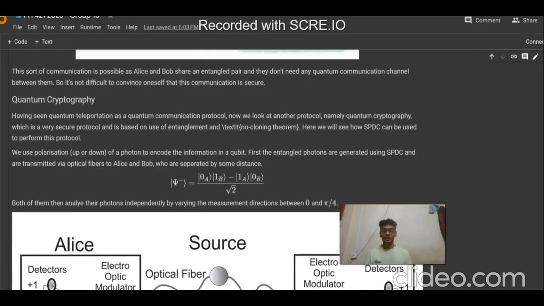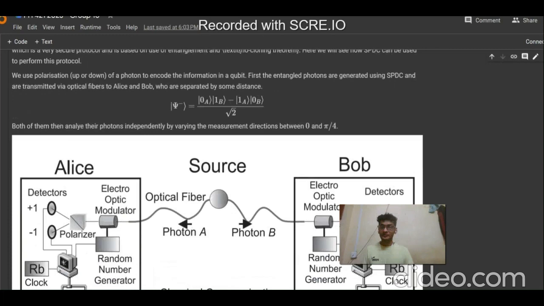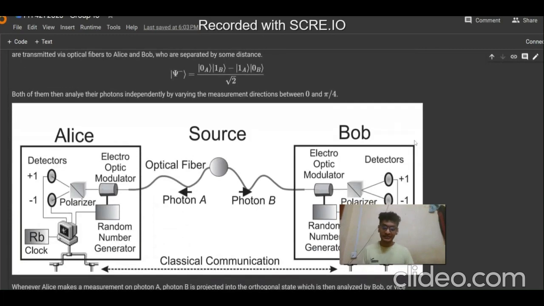Another example of SPDC in quantum technologies is quantum cryptography. Here again we use the entangled photons generated by SPDC, which is (01 minus 10) by root 2, and these photons are sent to Alice and Bob via optical fibers, which is basically the quantum communication channel for the photons.